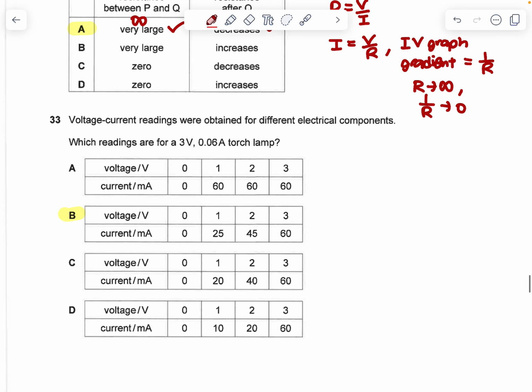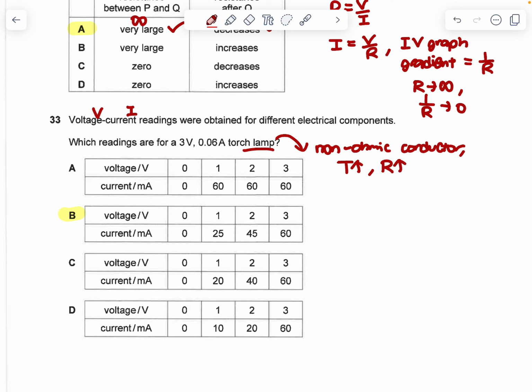Okay, question 33. The voltage-current readings, the VI readings, were obtained for different electrical components. What are the readings for a 3 volt 0.6 amp torch lamp? As we know, a torch lamp is a non-ohmic conductor. For a non-ohmic conductor, as the temperature increases, resistance increases.